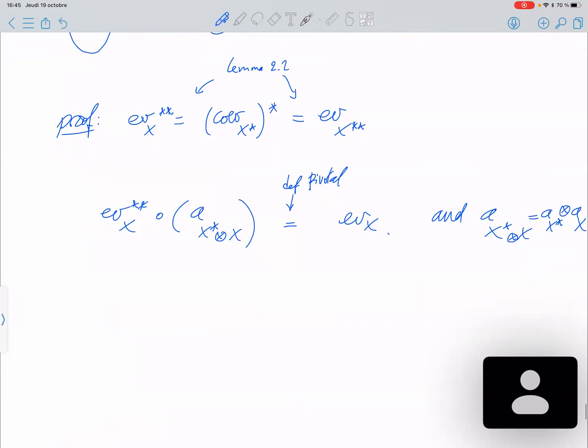Okay. So if you replace this one by this one and this one by this one, you get trivially that the evaluation map of X is the evaluation map of X double star composed with A_X star tensor A_X, which can be drawn.